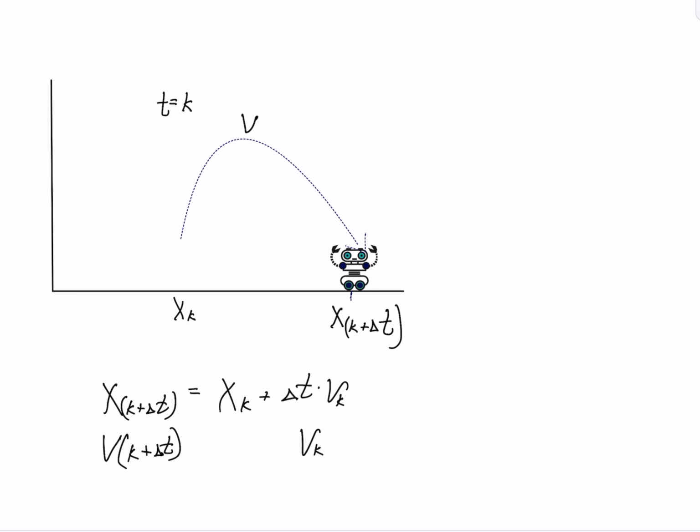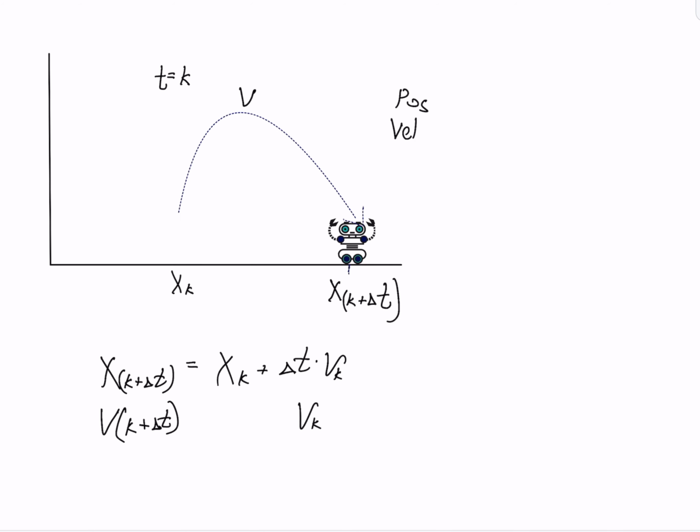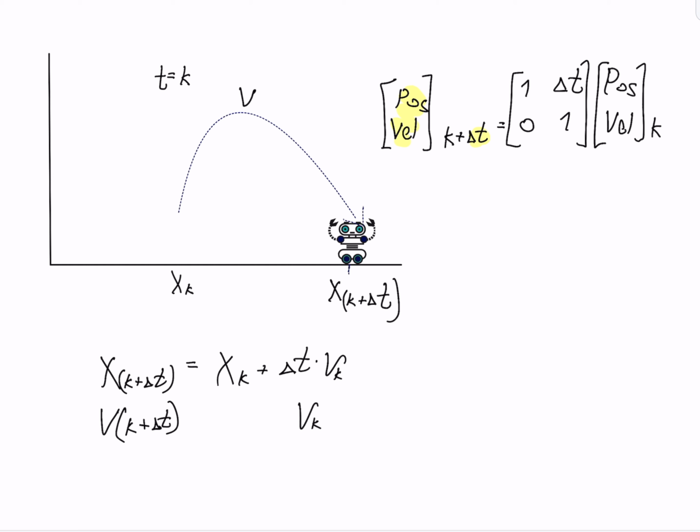Is that you can take the equations and write them in a matrix notation form. In our example, I can write position and velocity at time k plus delta t equals a matrix of 1, delta t, 0, 1 times position and velocity at time k.